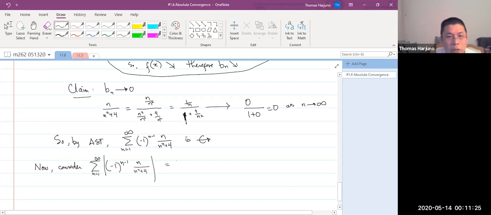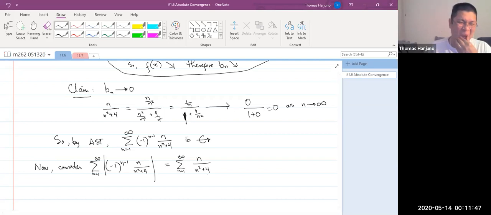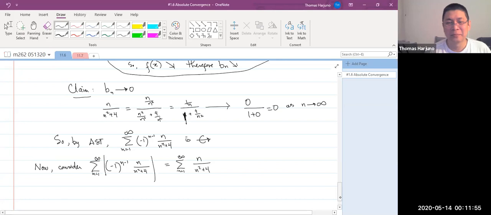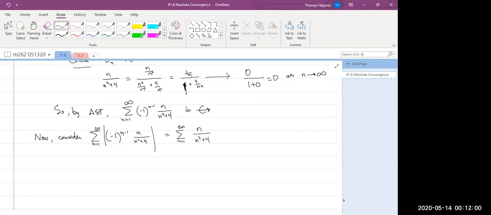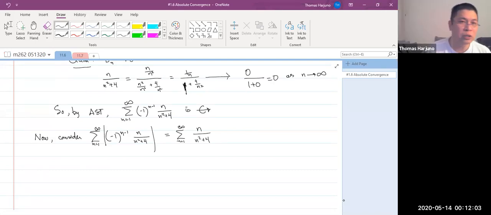So this is equal to the series of n over n squared plus 4. Do you think this is convergent or divergent? Divergent. Why? I feel like in the end it's going to be harmonic. Yeah. How do you show that it is, quote unquote, harmonic? What test will you use?